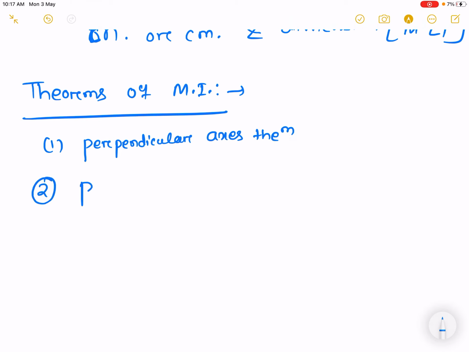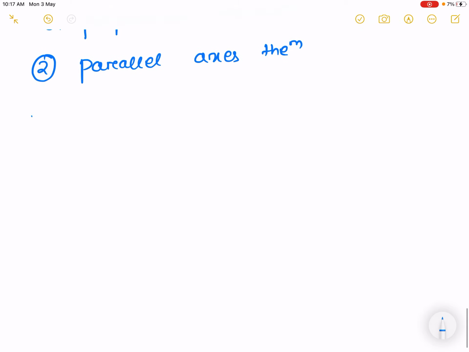Number two, parallel axis theorem. Number one, perpendicular axis theorem.